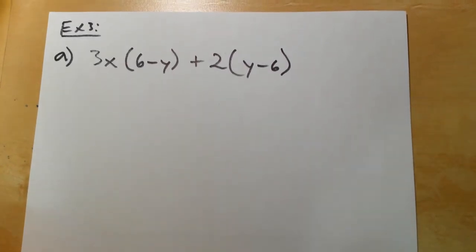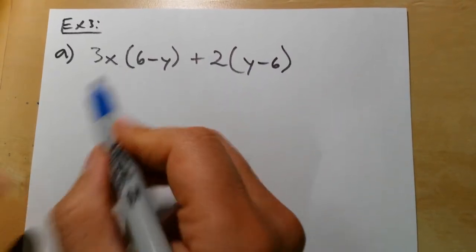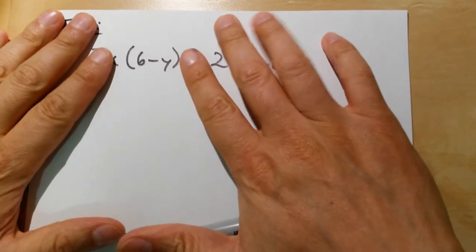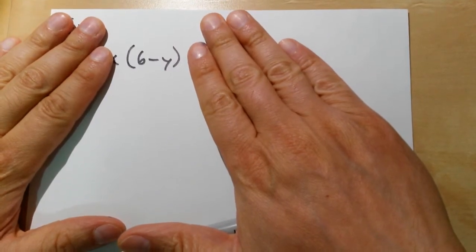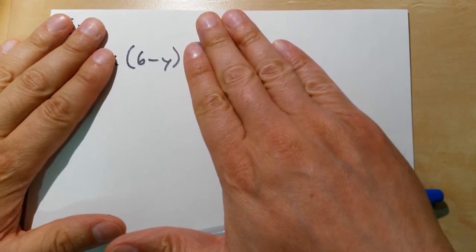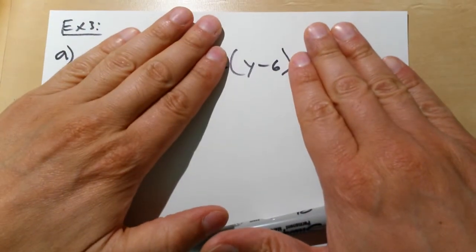We can make them the same. How can we make this expression the same as that one? Well, if we just consider the 6 minus y, and look at this one, y minus 6. 6 minus y, what can we factor out of these 2 in order to make it look like y minus 6?